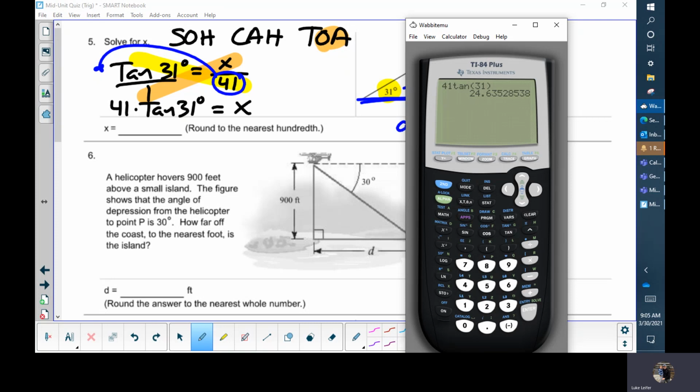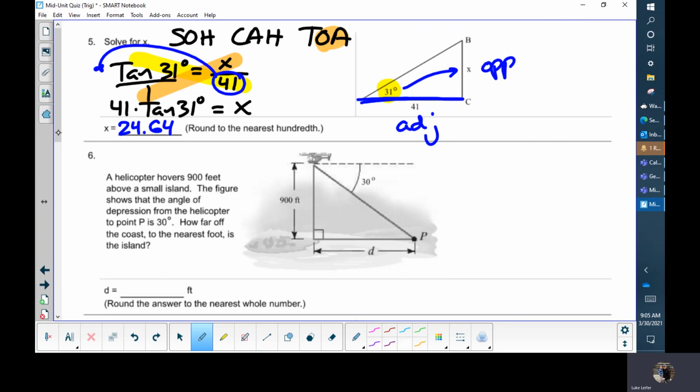It says round to the nearest hundredth. That's 2 decimal places. So 24.64. You've got to be real careful. If you don't round appropriately right here, it will give you an incorrect answer. Okay, let me clear that out. Let's go down to the next one.